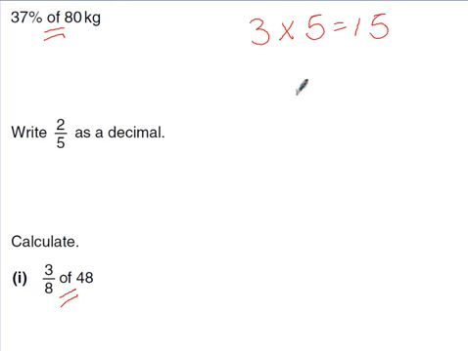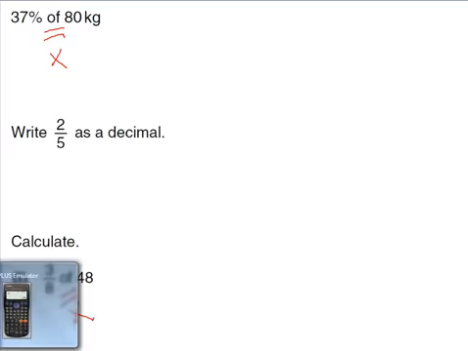If I asked you for 7 lots of 9, you'd tell me it's 63. So if you get a question like this in the exam, which is asking you for 37% of 80 kilograms, we can just use the fact that of means times to work it out in one step on our calculator.